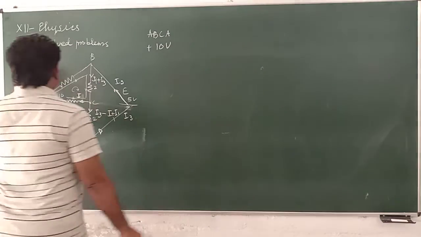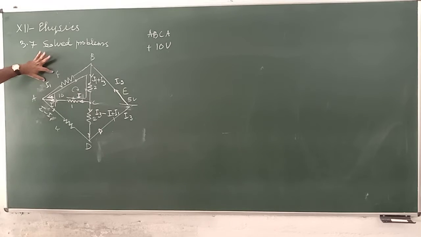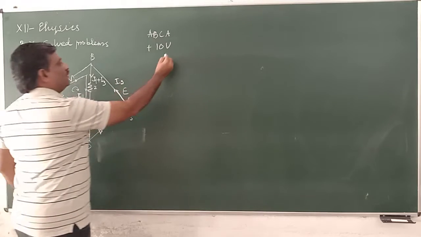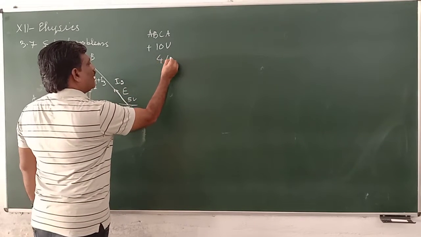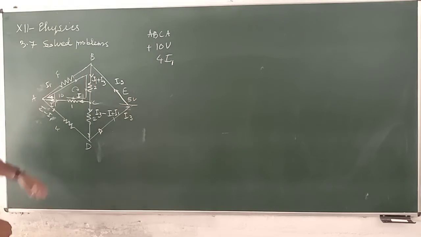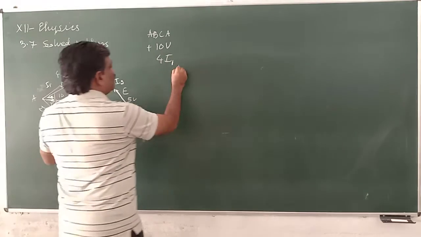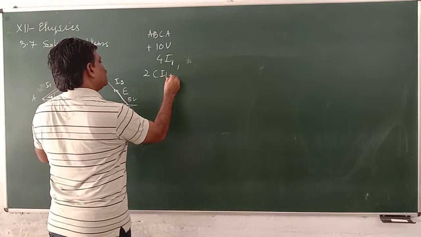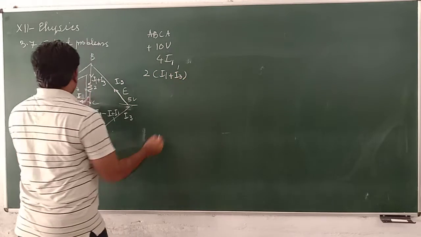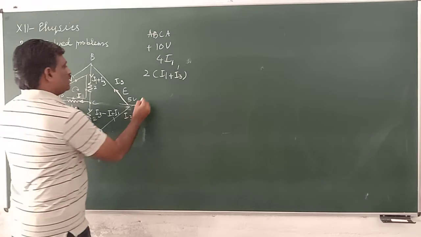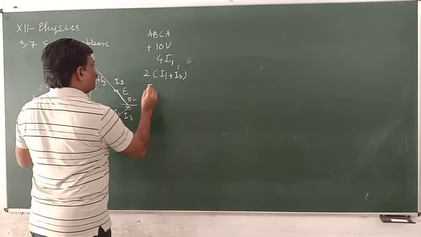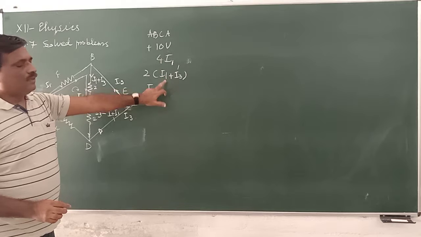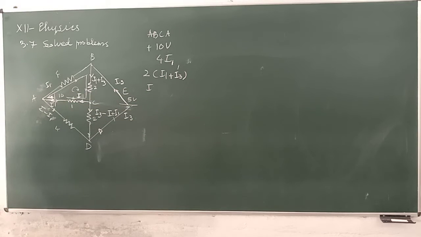There are 3 resistances. So the product of these two first: 4I1. Here again, the product of the second one: 2 into I1 plus I3. Then here, that is I. Now let us check their signs.